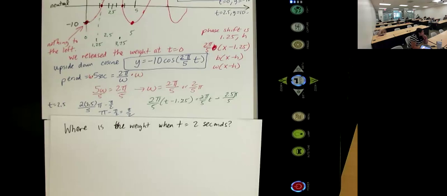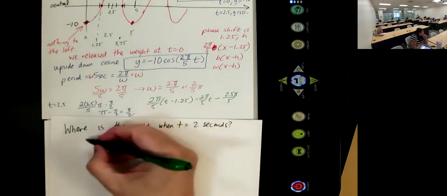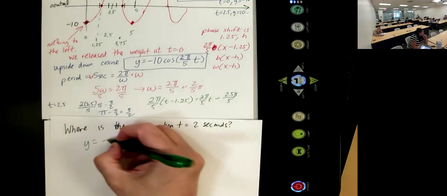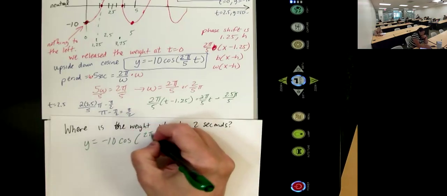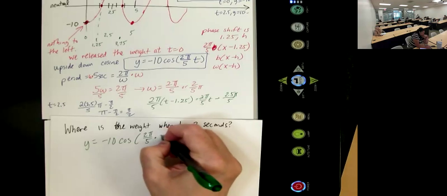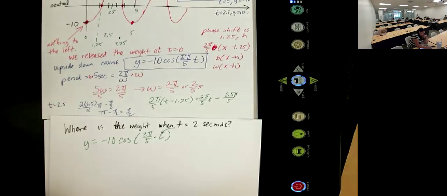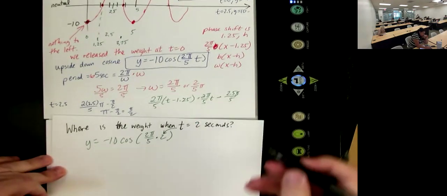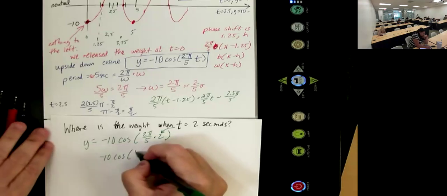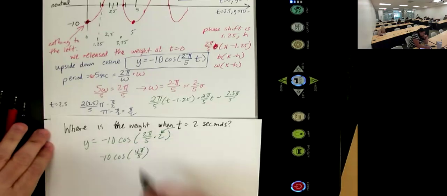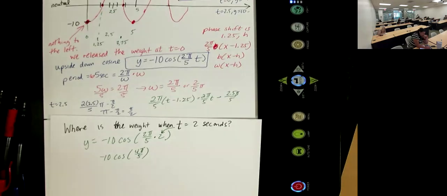Now we've got an equation, it doesn't matter which one we plug it into, it should work. y equals -10 cosine 2 pi/5 times 2. That's my t. So -10 cosine of 4 pi/5. I don't know what that is, so I'm gonna use a calculator.